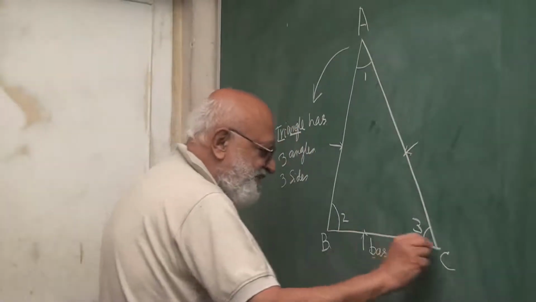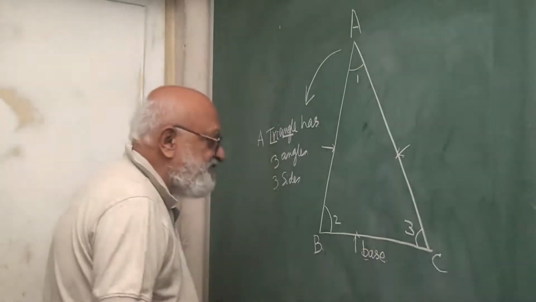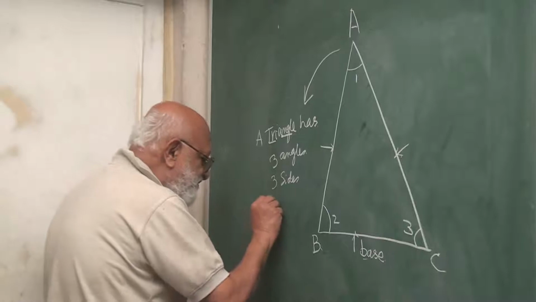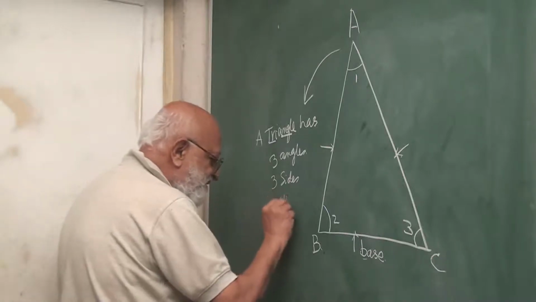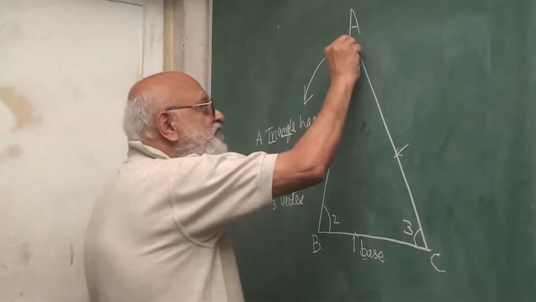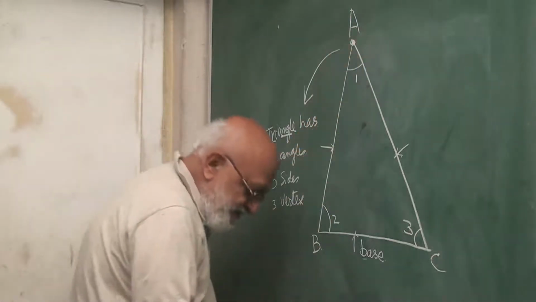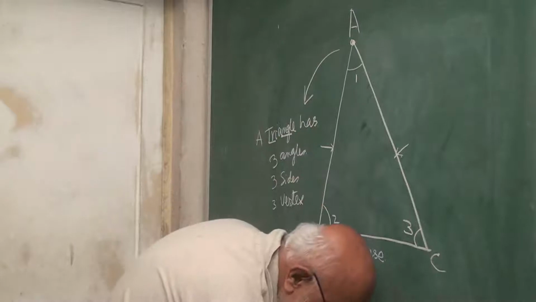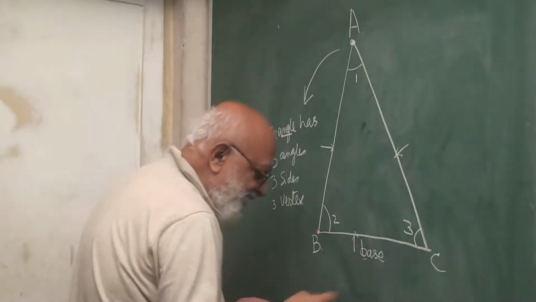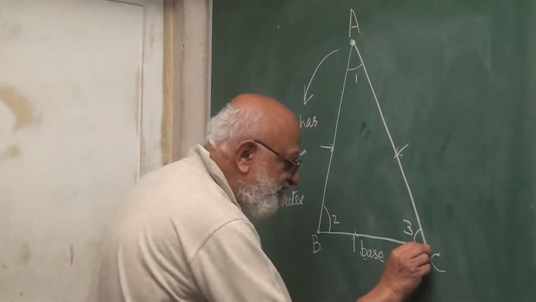So BC is always taken conventionally as the base. And it has got three vertices. What are the three vertices? This one is one, this one is the other one, this one is the other one, and this is the third one.